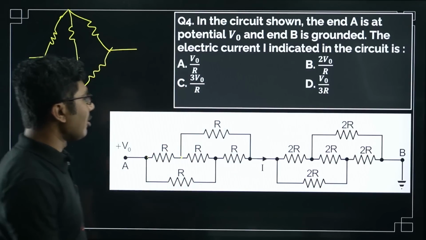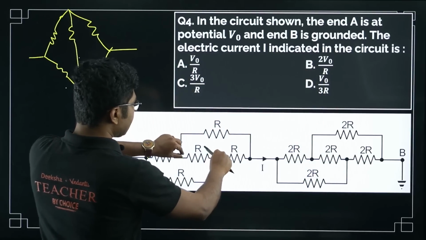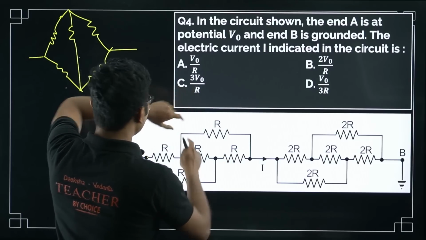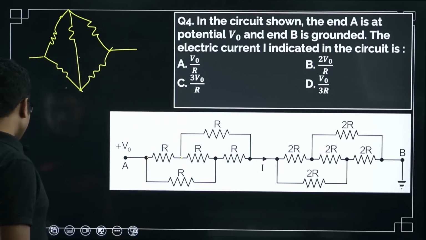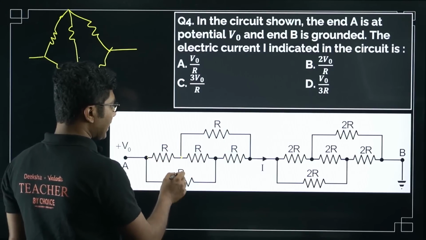So as you can see, all of them are connected according to a Wheatstone bridge. Another way, you can just imagine that you pull them like that, so that you get the Wheatstone bridge structure.